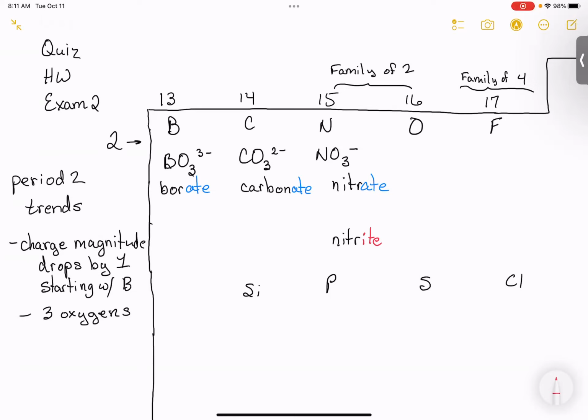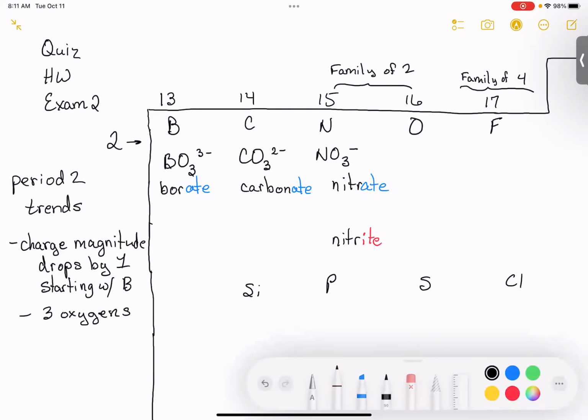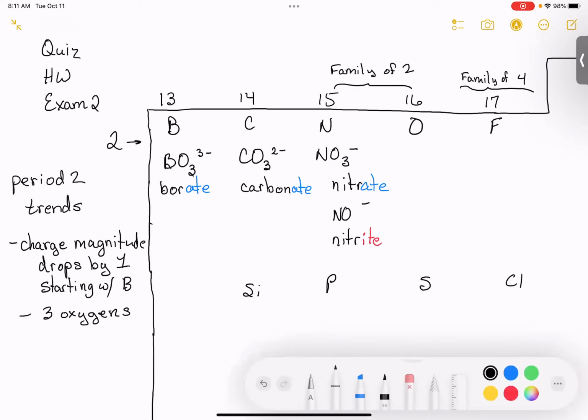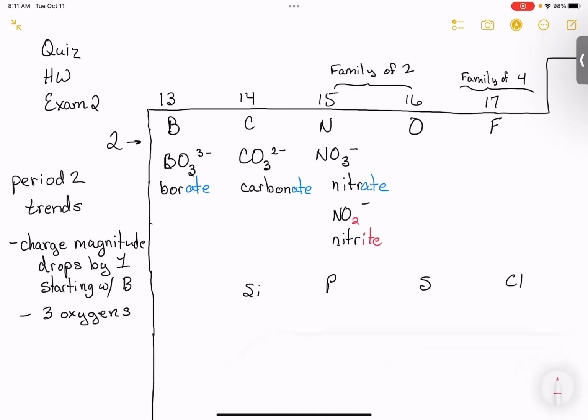Now, to go from nitrate to nitrite with respect to the formula, the only thing that changes is the number of oxygens, and it drops by 1.